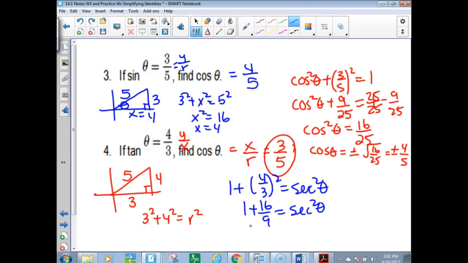If you do 1 plus 16/9, you get 25/9. And then you would take the square root. 5/3 equals the secant of theta, and then you could flip it and get the cosine of theta. Good? Sure. I will wait a moment.